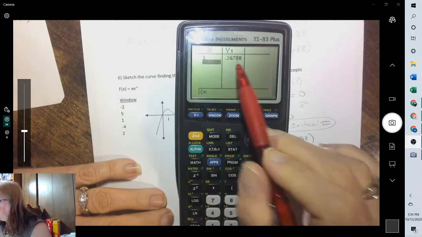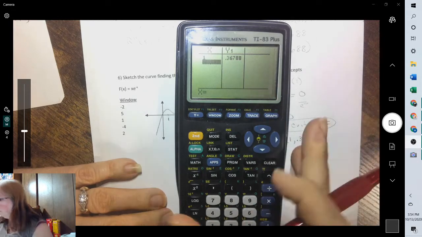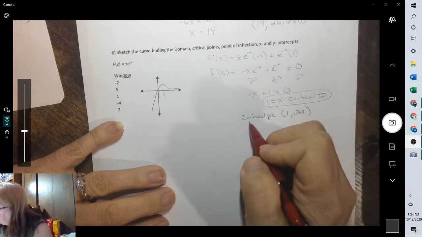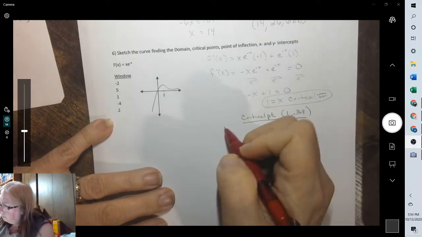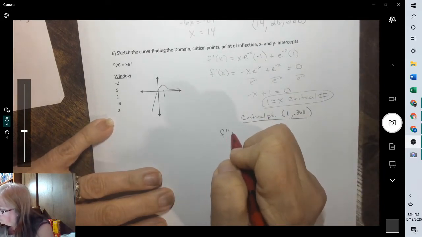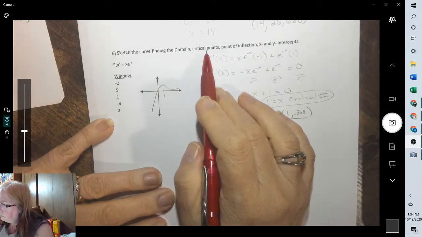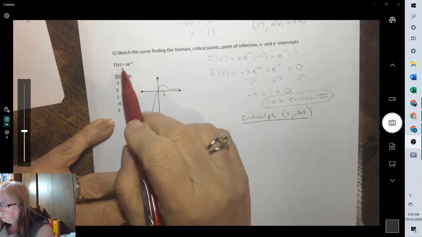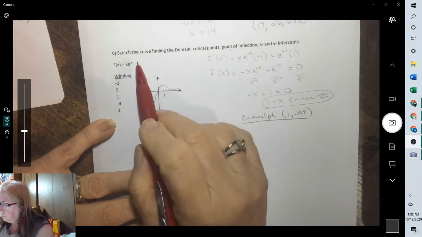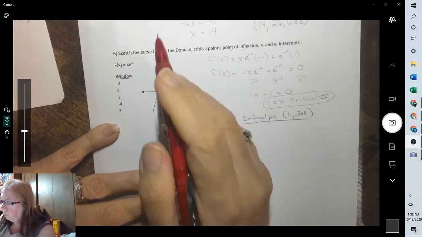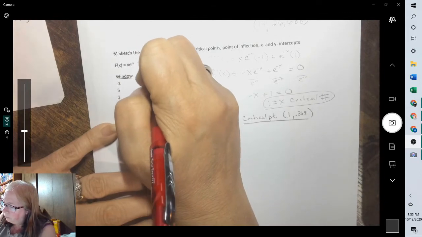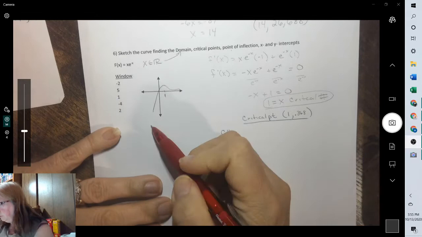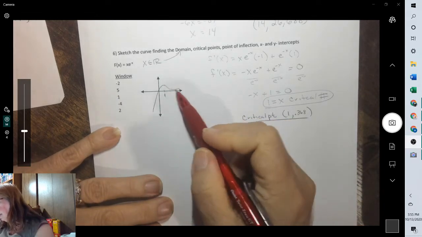We have the 0.368. For the domain, this would be all real numbers because there's no fractions, there's no square roots, and there's no logs. So x is a member of all real numbers for the domain. But you can also tell from the graph it's covering all of the x values.